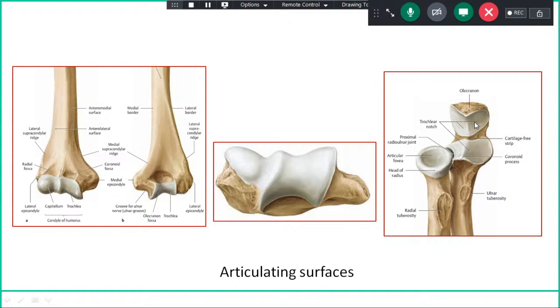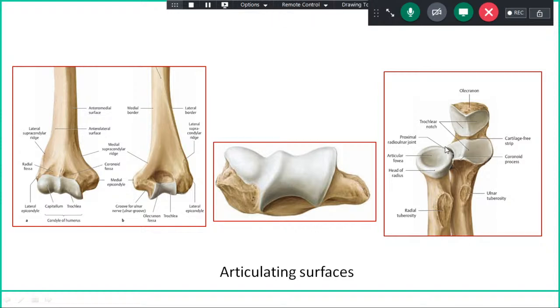On the olecranon, the anterior surface is articulating, and it is divided into two parts, the medial and a lateral part. Here also you can see there is an elevation dividing the trochlear notch, which is present on the superior surface of the coronoid process, into medial and lateral parts.